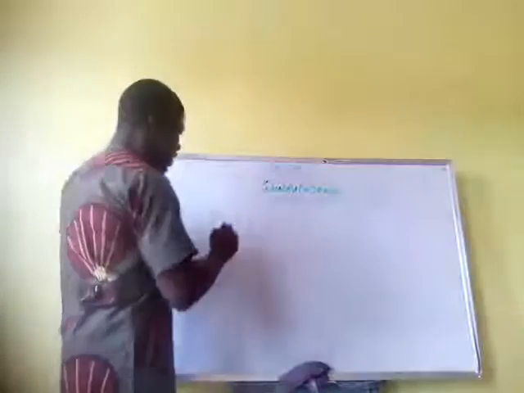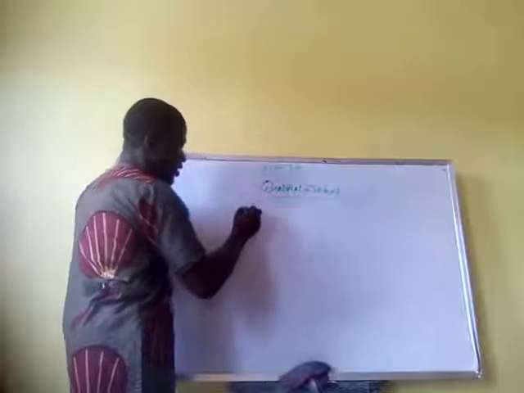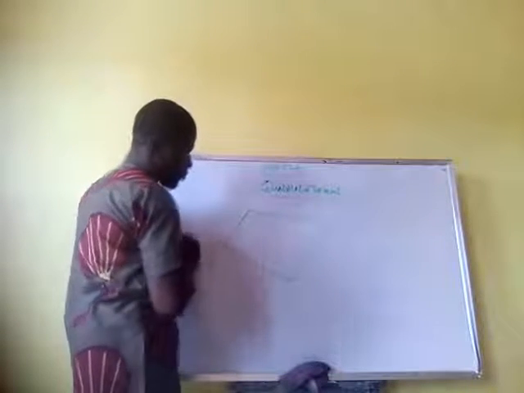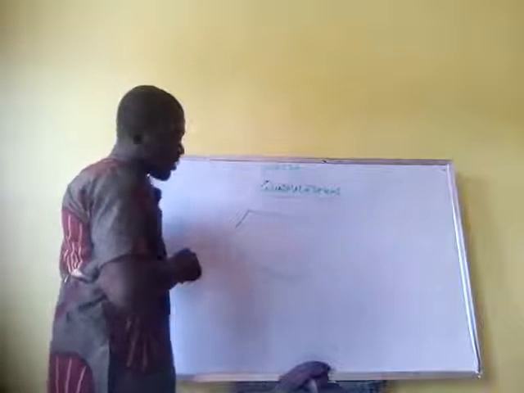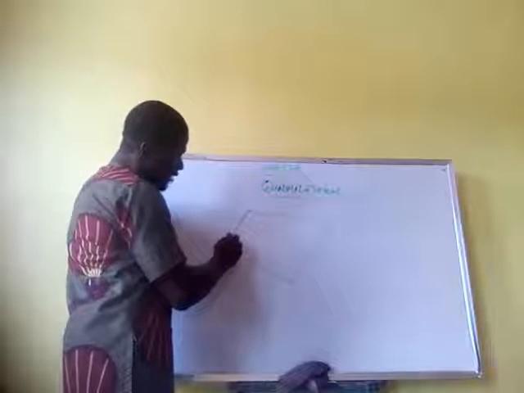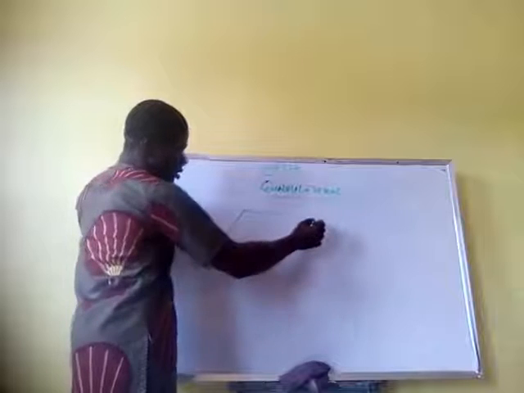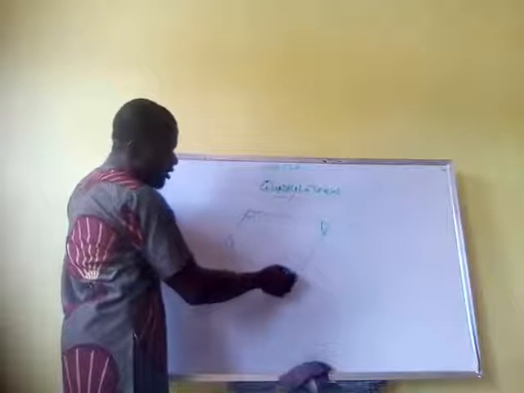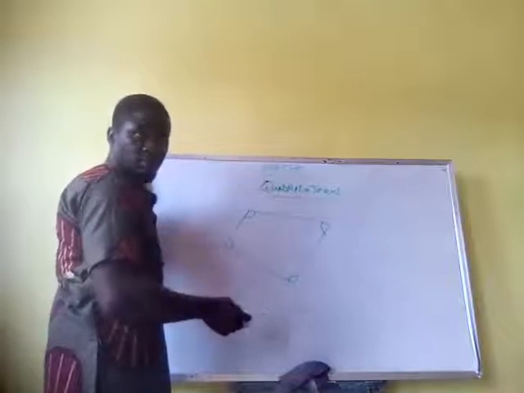In a quadrilateral, let's take this for example. This side is equal to this side. Here is equal to this.